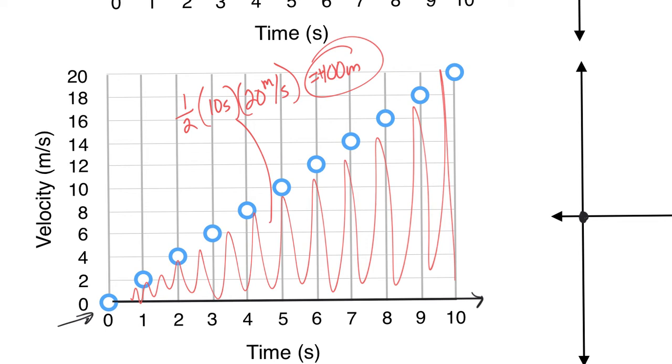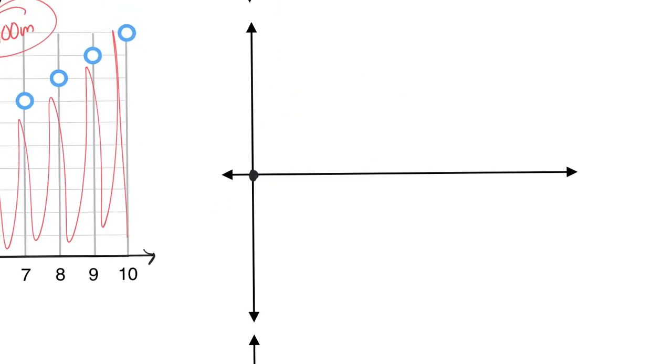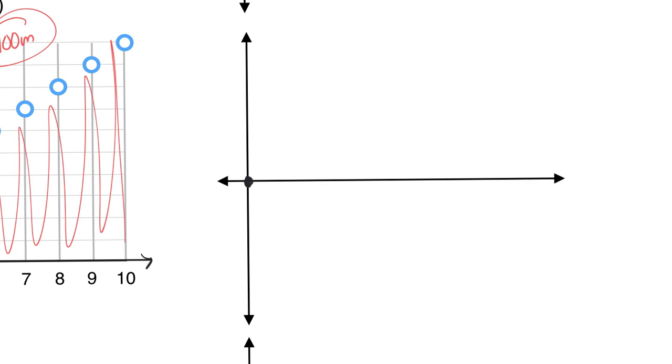So there's only one section to my graph. So I've got the section now. I'm going to go over to the other side here and begin my position versus time graph. And you're going to be frustrated perhaps with me, but I'm short on time.